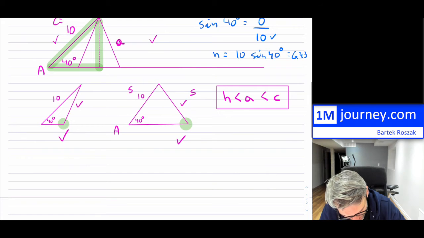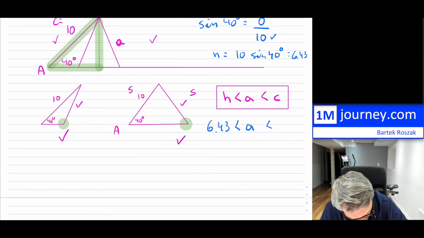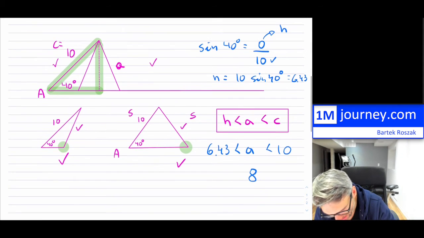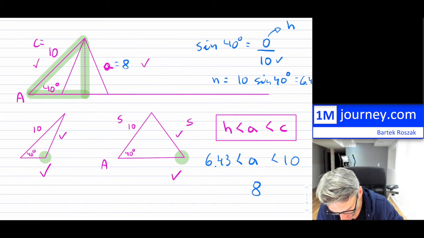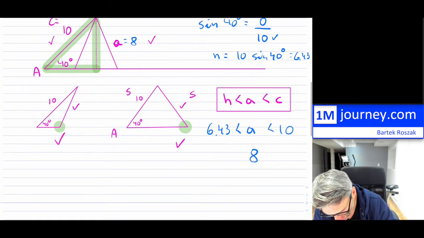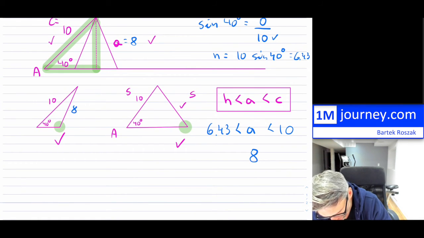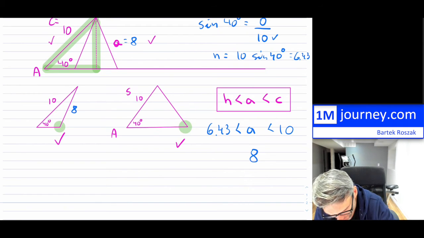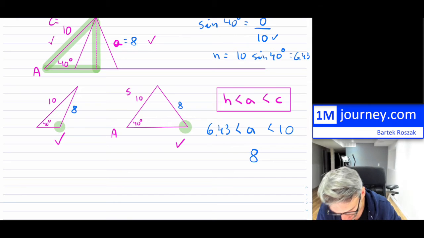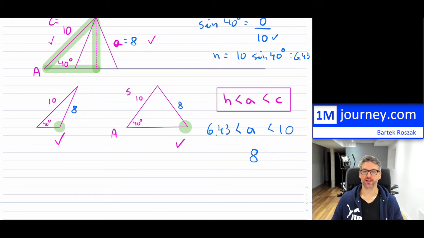So notice, if your A is greater than 6.43, but less than 10, so anywhere in between there, let's pick 8, for instance. If that A is equal to 8, so this right here is equal to 8, that creates two triangles.